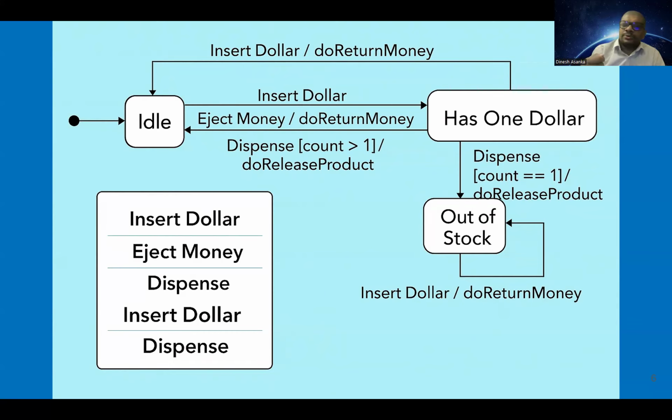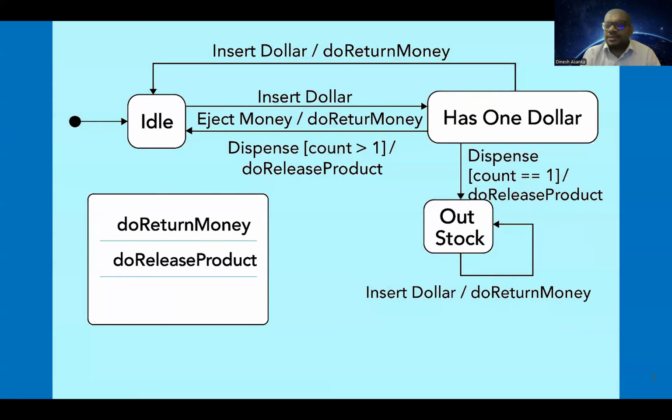Also, if you have $1 already and there are more than one item, it will give you the item and return to the idle state. So you can see there are 3 states as well as multiple trigger events. Then we have actions.